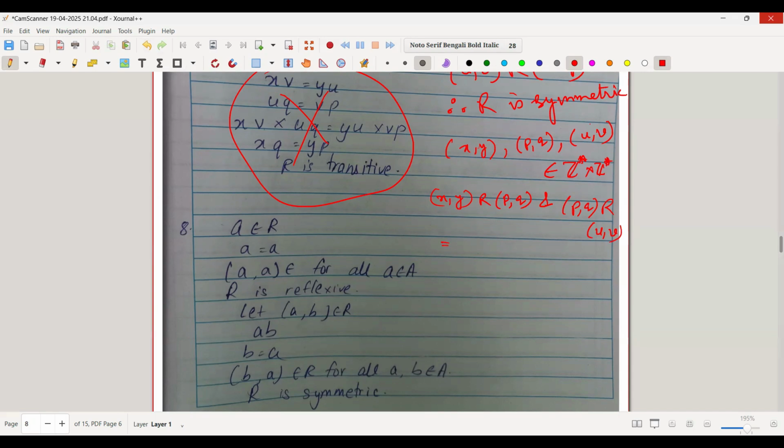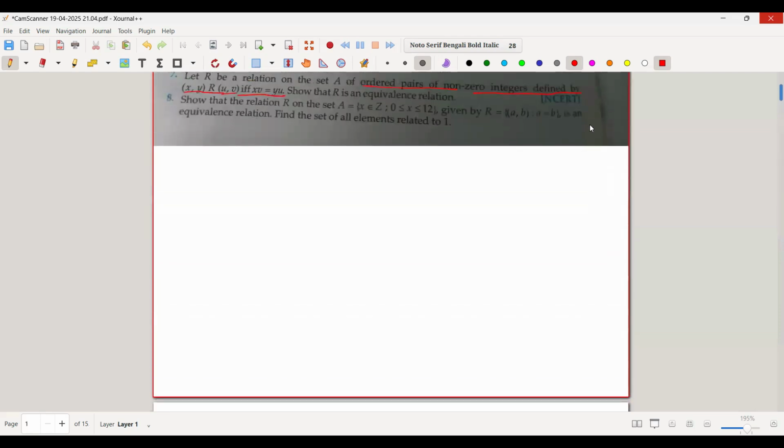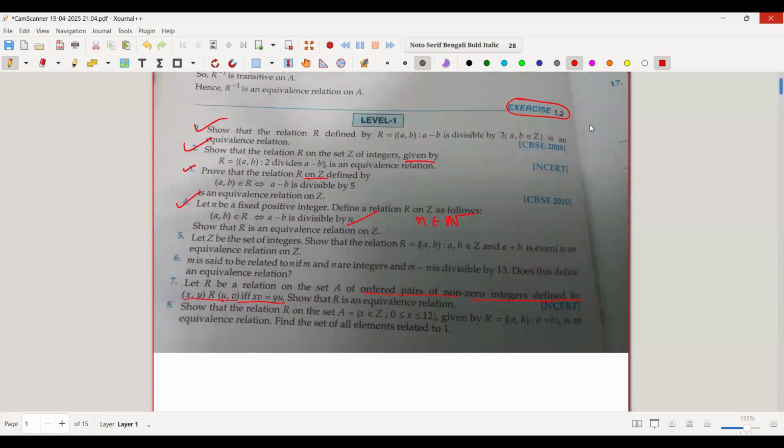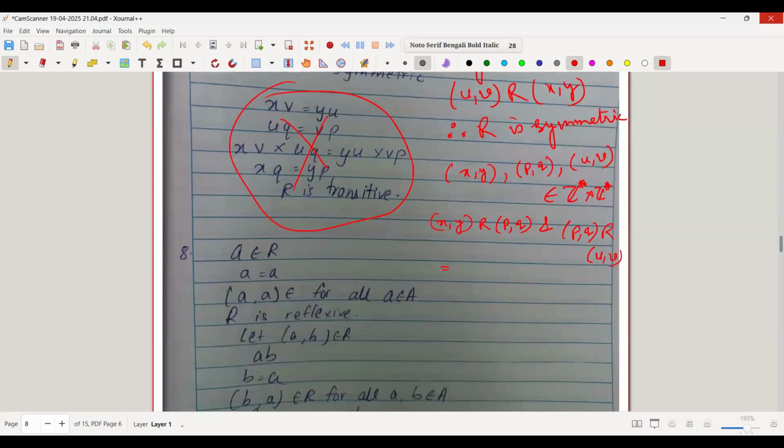Now it is told to prove it is an equivalence relation, so that R is an equivalence relation. Okay, from this, it implies that xq equal to yp, and from here it implies that pv equal to qu.